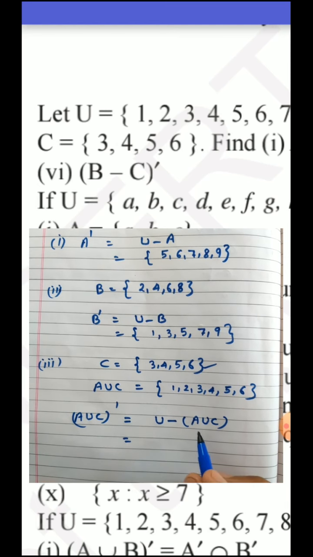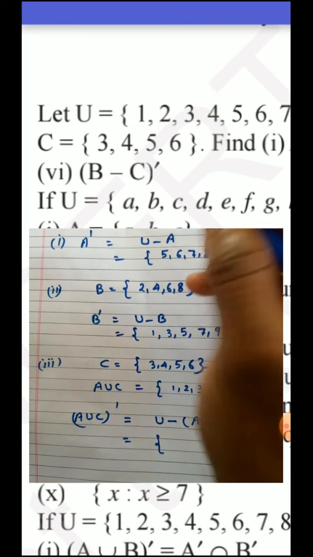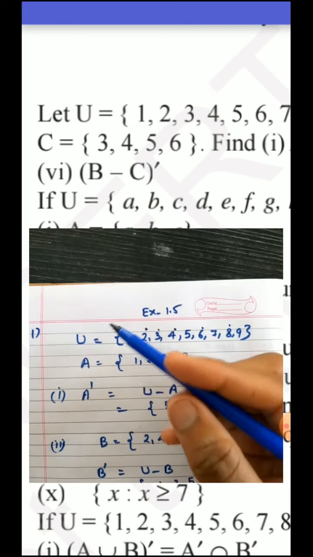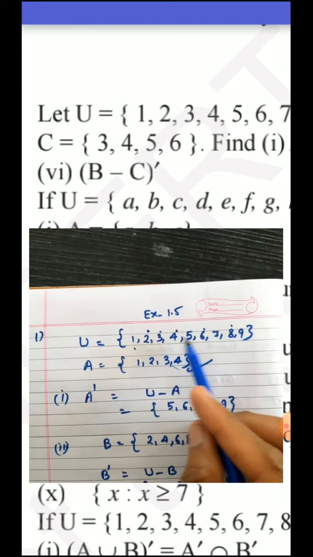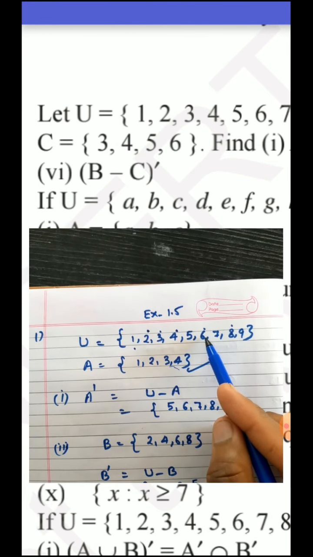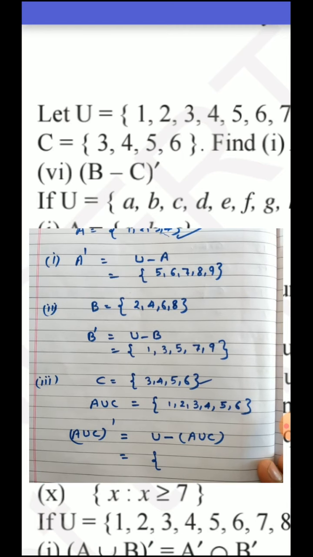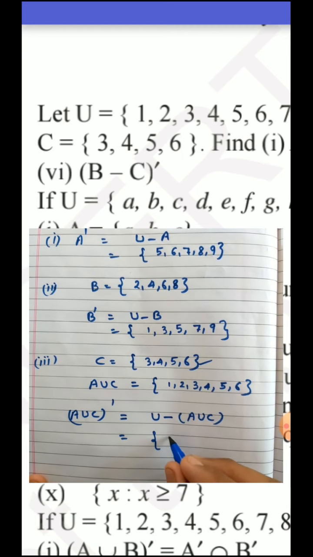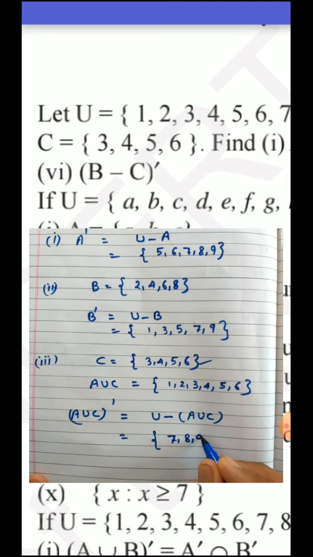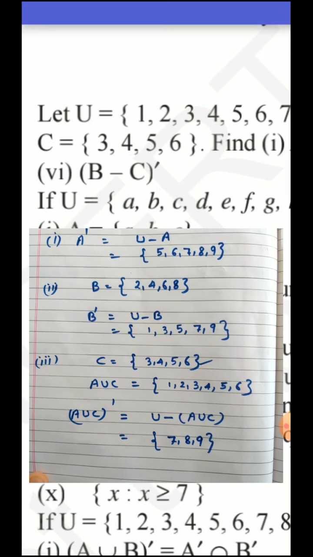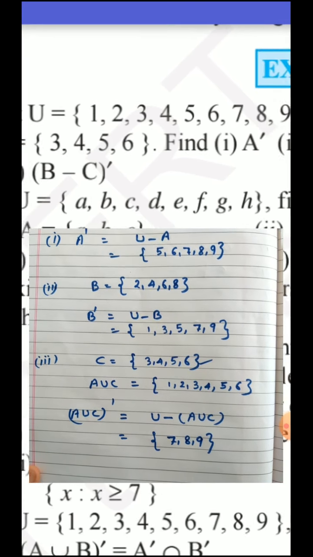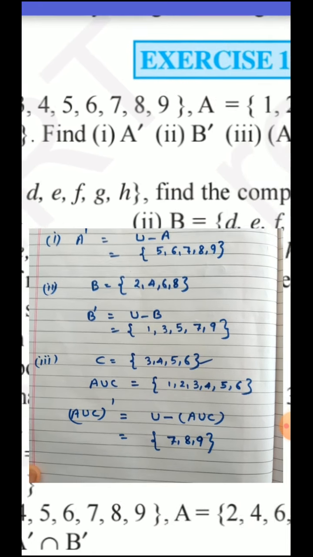So universal set minus A union C equal to, you will ignore A union C from the universal set. 1, 2, 3, 4, 5, 6, these 6 elements will cancel. The rest of the elements 7, 8, 9. This is called A union C complement.